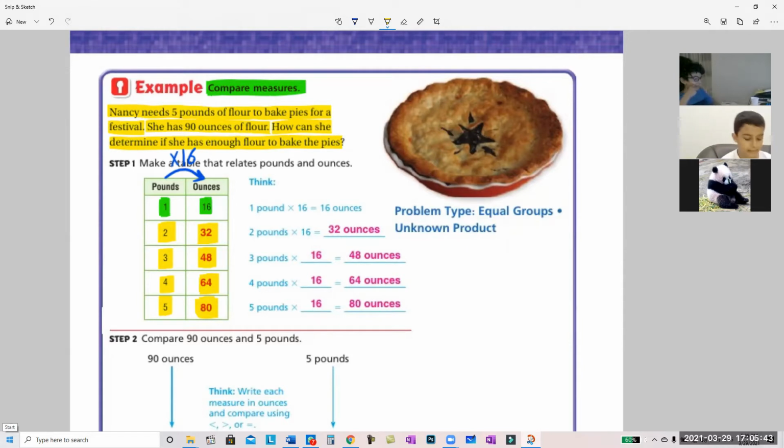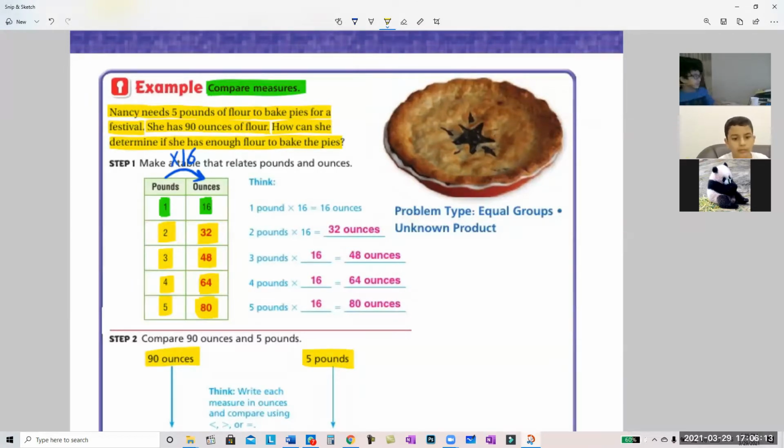So now, as we learned before in the previous lesson, customary units of length, if you want to compare between two quantities, which is greater and which is smaller, you have to write these two quantities with the same unit, okay? Let's see here, we have 90 ounces and we have 5 pounds. Do we have the same units in both sides?